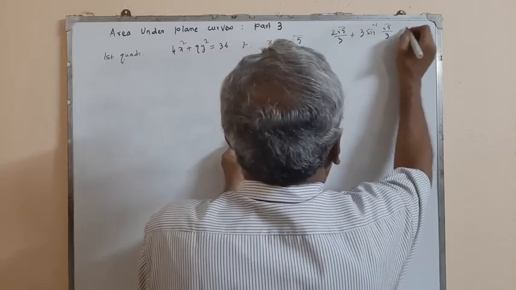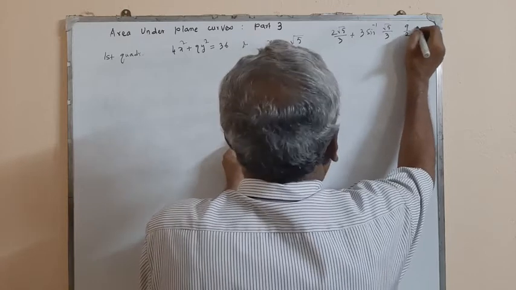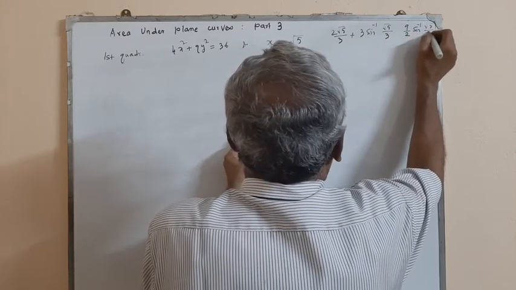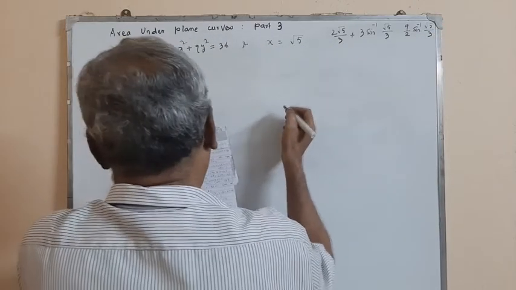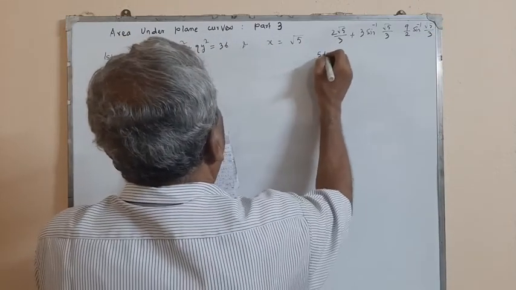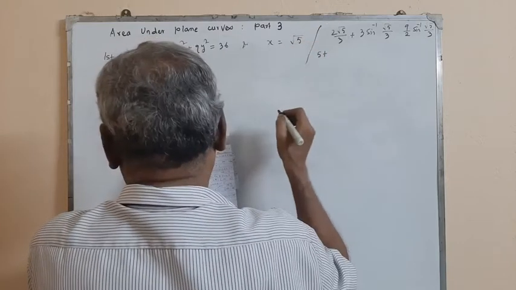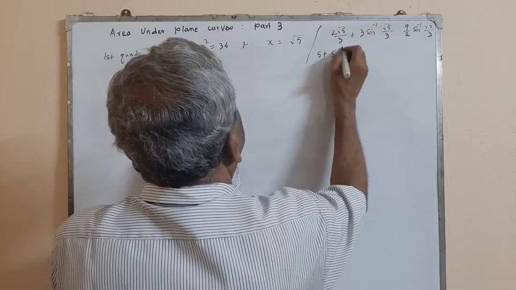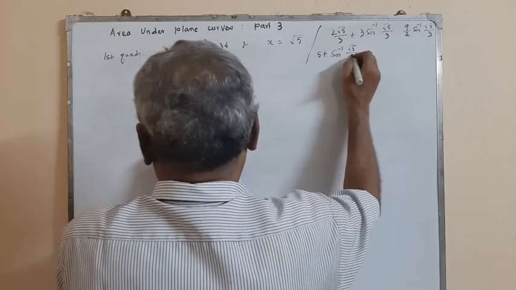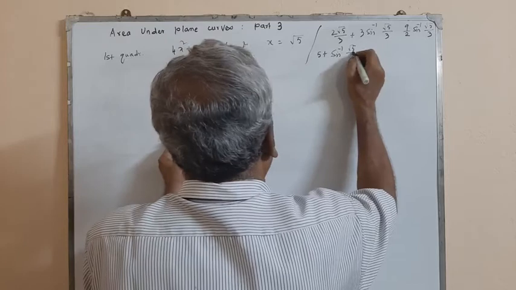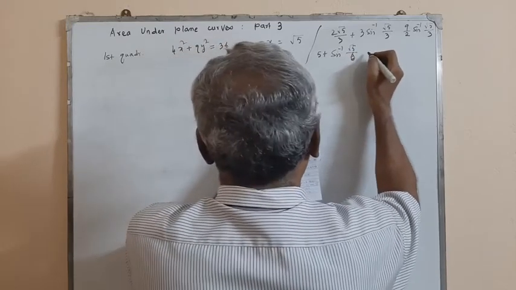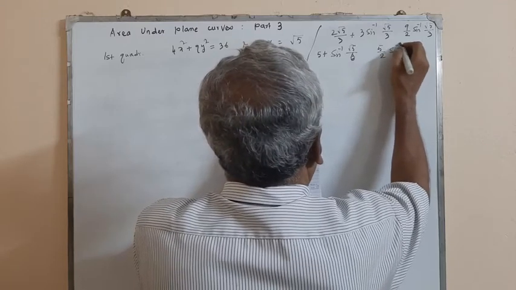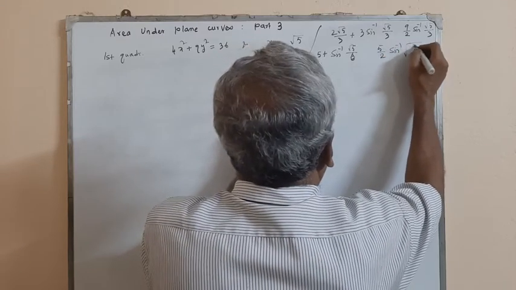Second option, 9 by 2 sin inverse root 5 by 3. Third, 5 plus sin inverse root 5 by 3, root 5 by 6. And the last option is 5 by 2 sin inverse root 3 by 5.